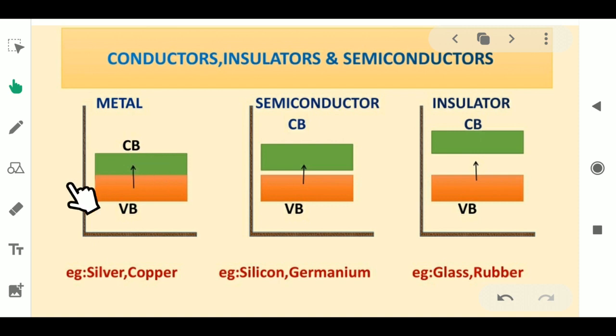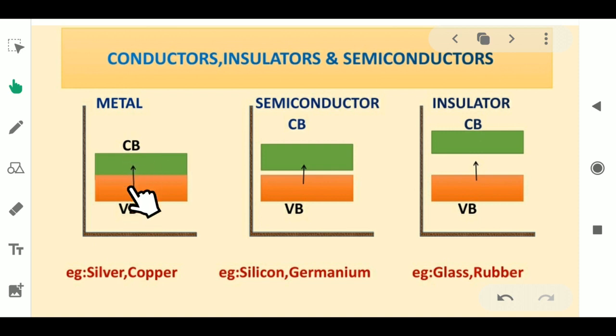So whenever you are applying external potential to this conductor, then the electrons from the valence band start moving towards the conduction band, or the electrons jump out from the valence band and move to the conduction band.